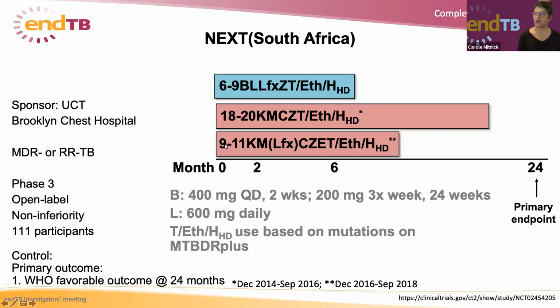And then the shorter regimen was introduced as the single standard of care. Of note, the experimental regimen used 600 milligrams of linezolid daily, and it was not one of those that was actually optimizing the linezolid dose. It's just something that's going to come up a lot, so I wanted to mention it.